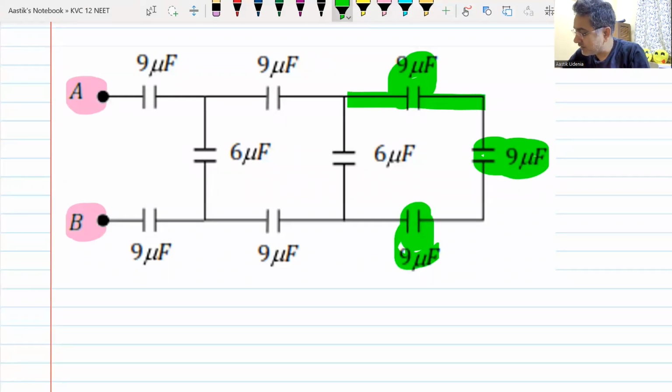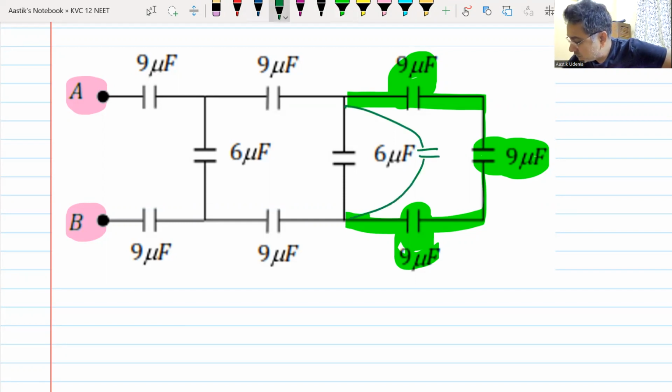How are these three connected? They are connected in series. So 9, 9, 9 in series. I can remove all these three and put a 3 microfarad in place of them. Yes or no? So 9, 9, 9 removed, 3.